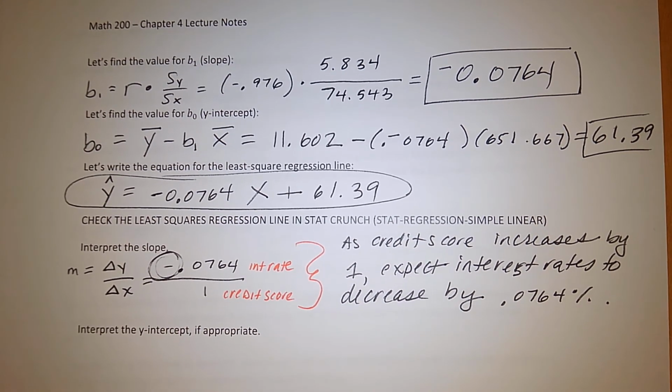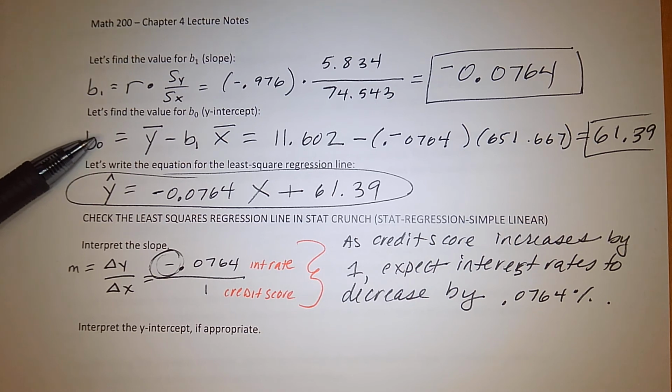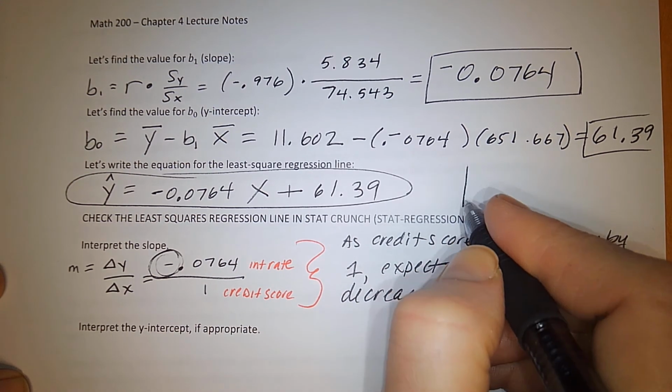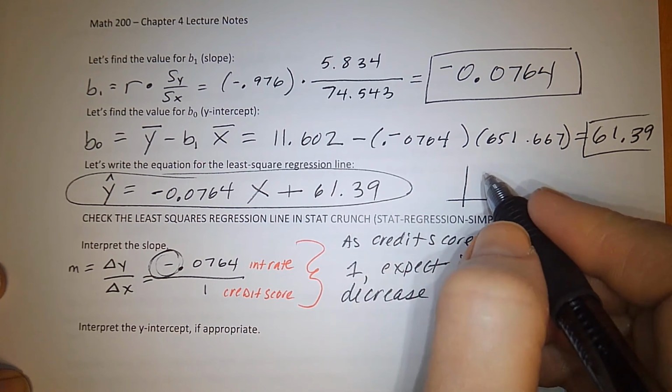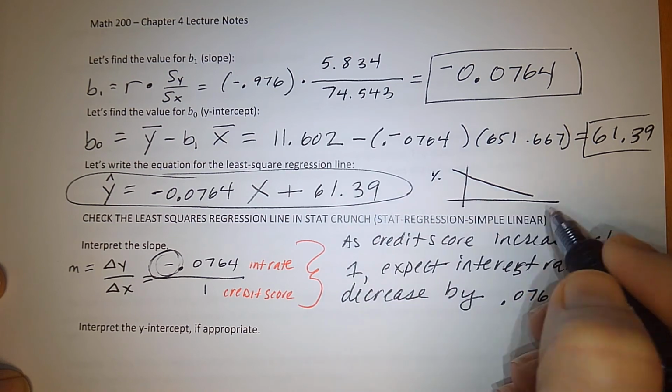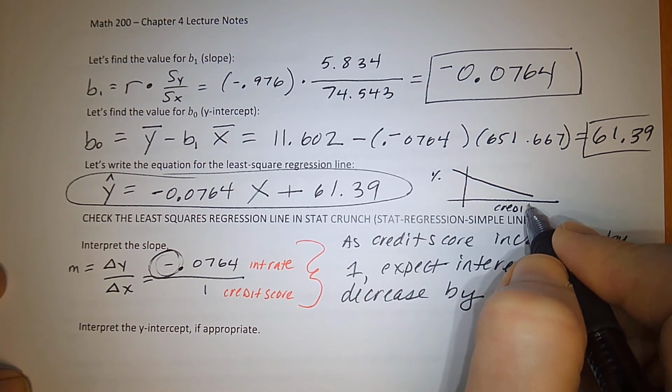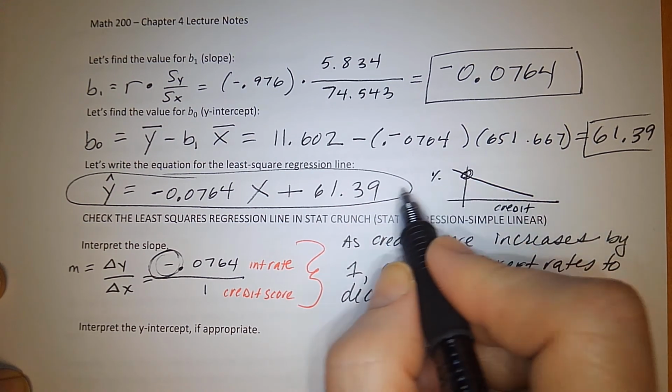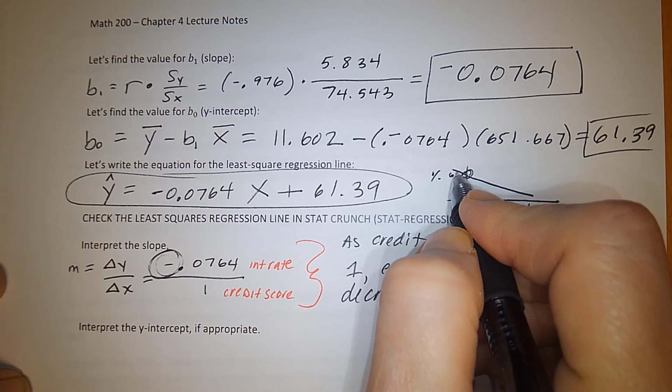So if we're asked to interpret the y-intercept, if possible, remember the y-intercept. If we were looking at a small little graph right here, it looks like this, where this was interest rates and this was credit score, and it looks like it's crossing right up here at 61.